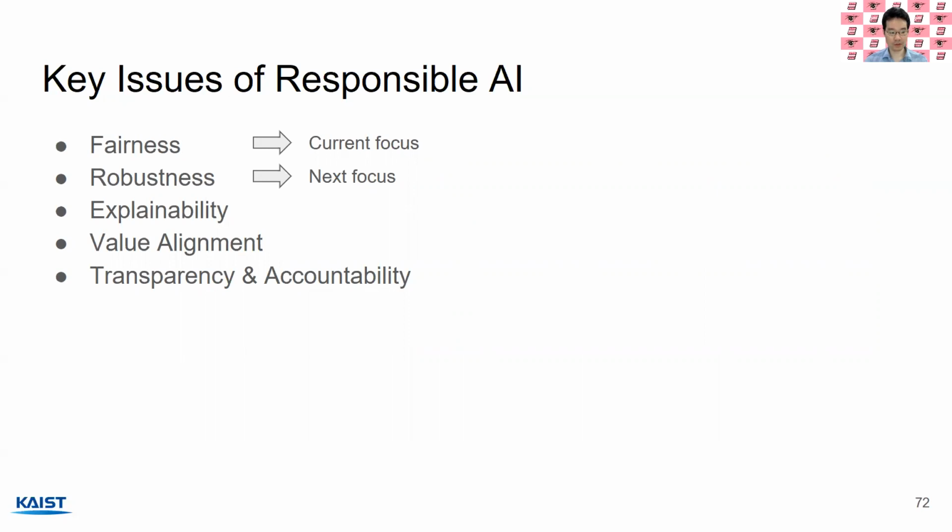The first two are fairness and robustness. There are also the issues of explainability, value alignment, transparency, and accountability, and maybe more. Here, we're interested in the first two because they're very related to the data, and also the two issues are related with each other. I'm going to focus on fairness for now.